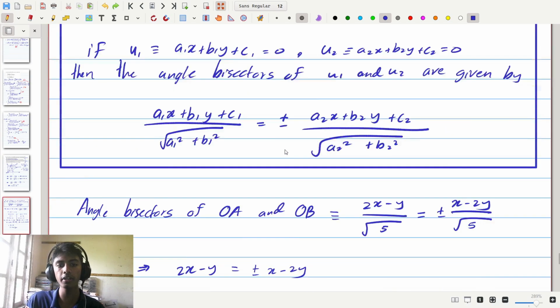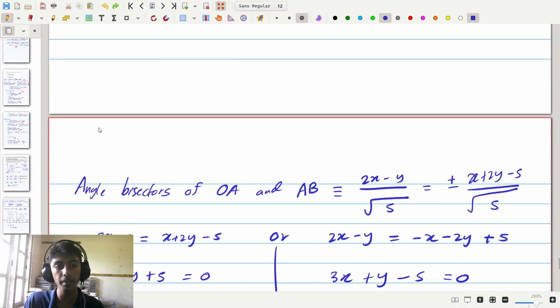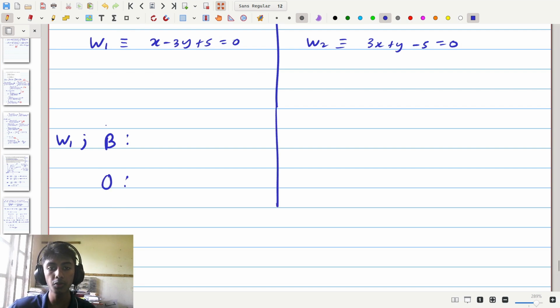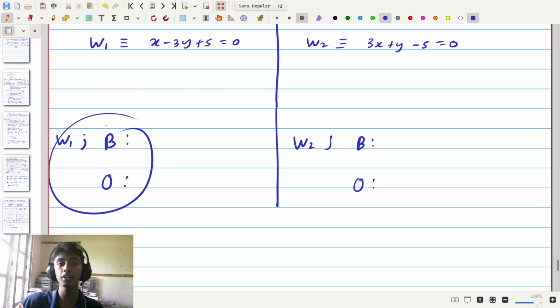So we go down and consider exactly like we did up here, the point B and the origin, and then we do the same thing for W2. Really one of these is enough, but we'll do both.